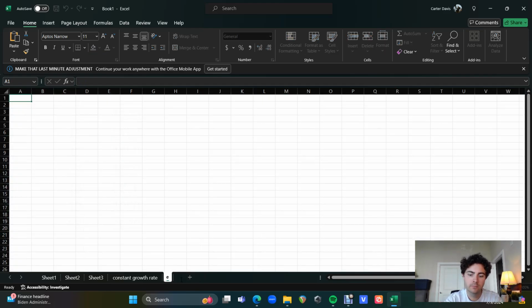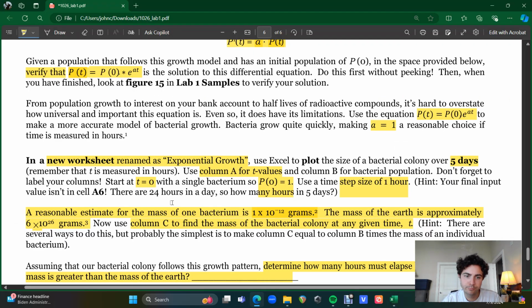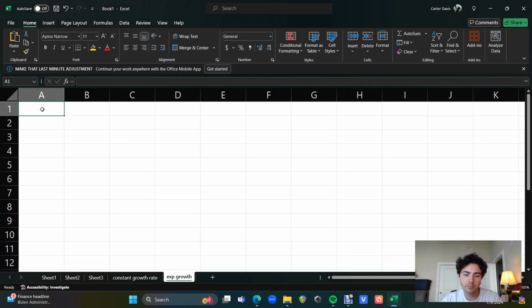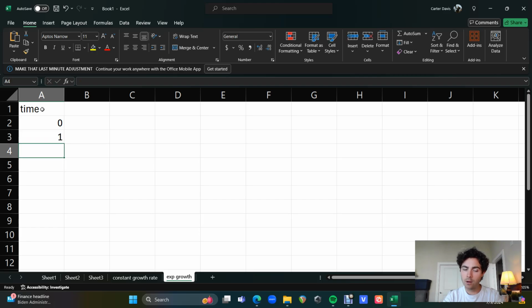Double click exponential growth, and we are inputting time 0 and the population of 1. Okay, so they tell us at the top to put time over here, t-value starting at 0 and going up by every hour, and they want us to have a step size of 1 hour, but they want the span ultimately to be over 5 days.